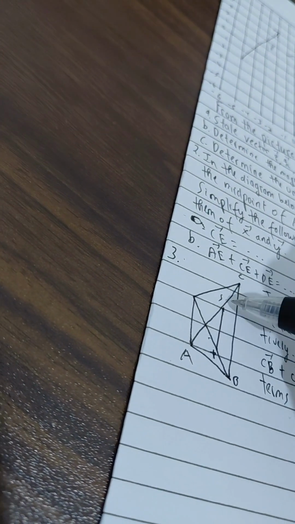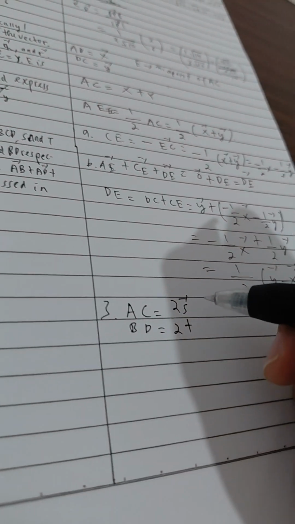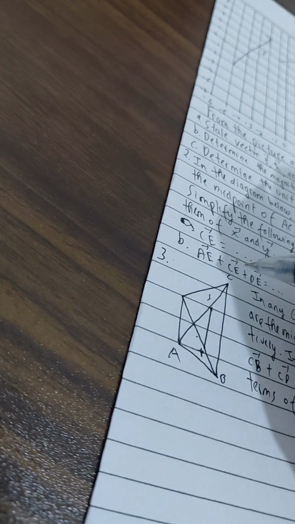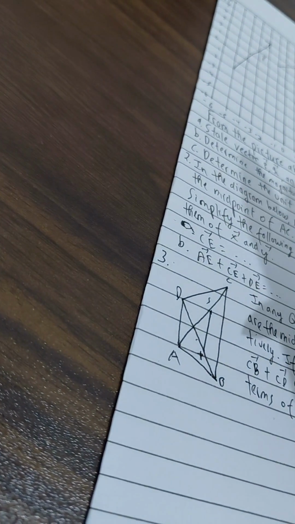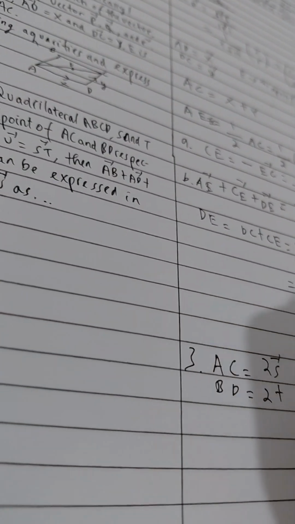Let AC be 2S, because S is the midpoint of A and C, so S plus S. So this is 2S. And then let BD be 2T.